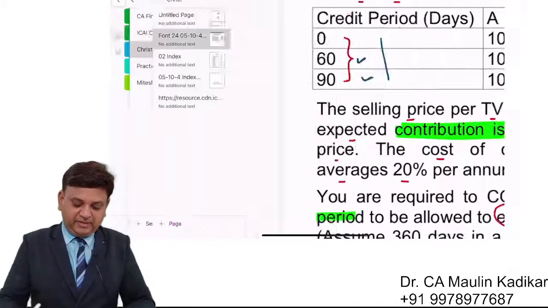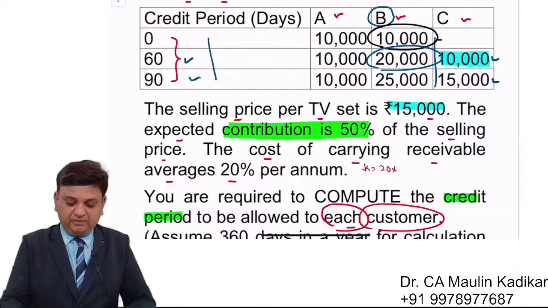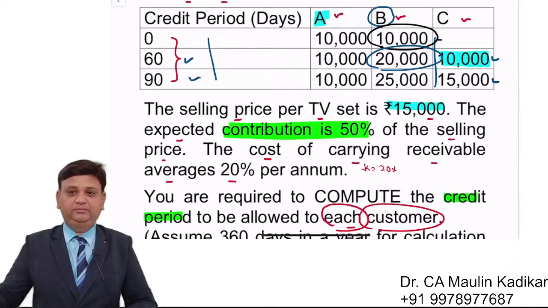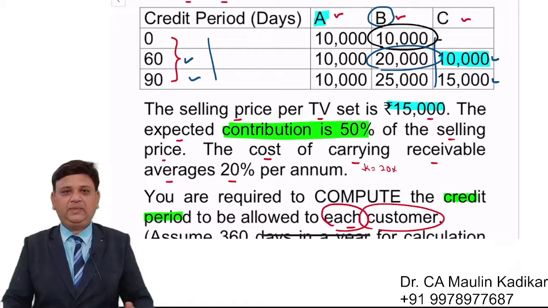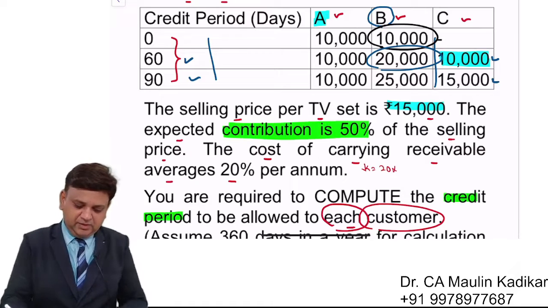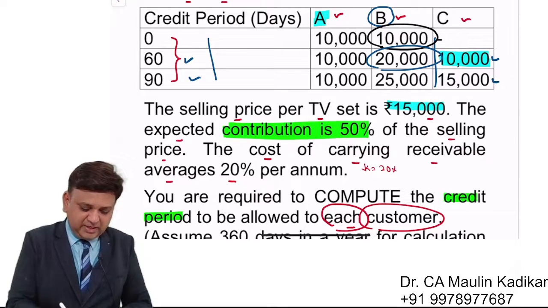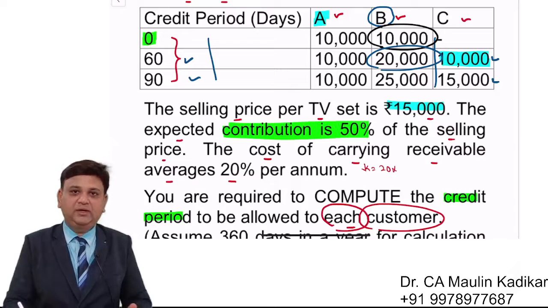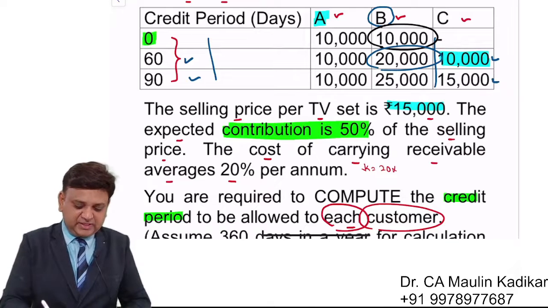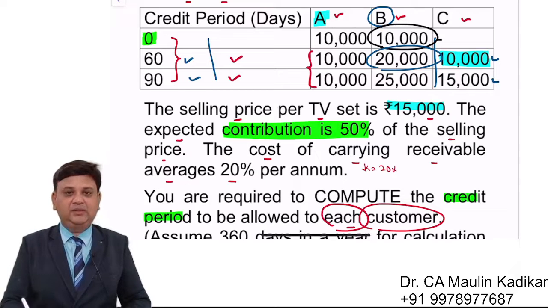I want you to tell me in the chat box what is the optimum credit period that should be offered to a customer. The answer is very simple. We should not offer any credit to a customer. Why? Because with the increase in the credit period, there is no increase in the sales.